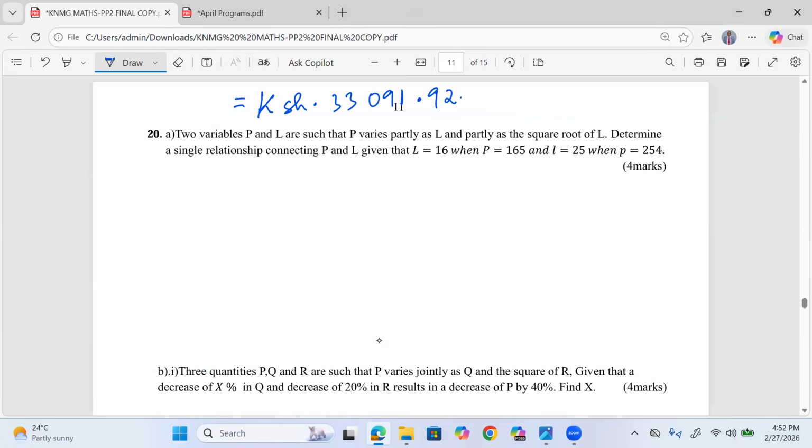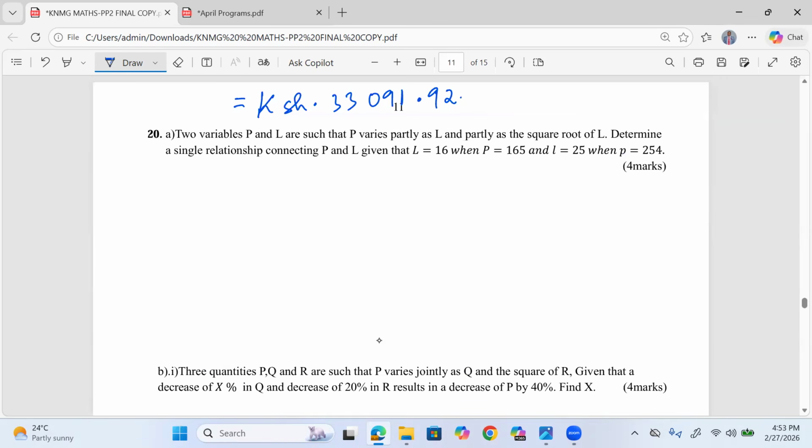Number 22. Variables P and L are such that P varies partly as L and partly as the square root of L. Determine a single relationship connecting P and L given that L equals 16 when P is 165 and L equals 25 when P is 254.